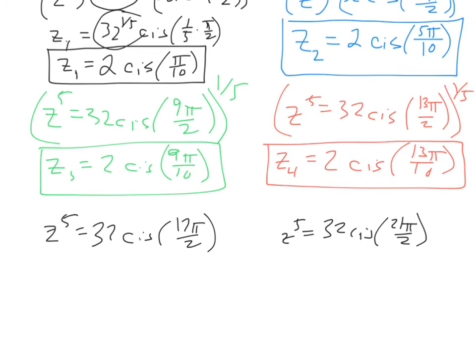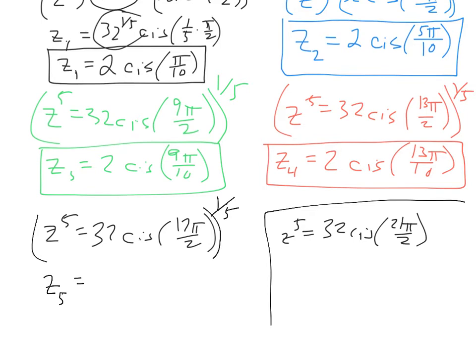Continuing on to this first black one down here, when I raise this to the 1/5 power, again I get z5. This is supposed to be my fifth and last one, but we will talk about what happens over here still. This is going to be 2 cis 17 pi over 10.